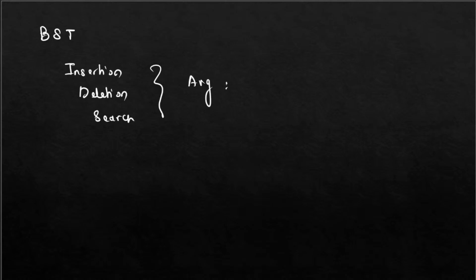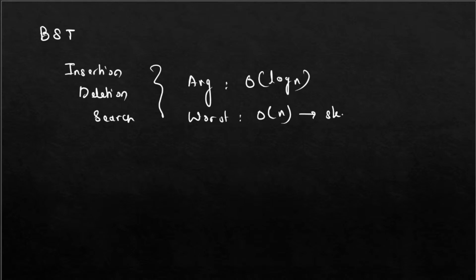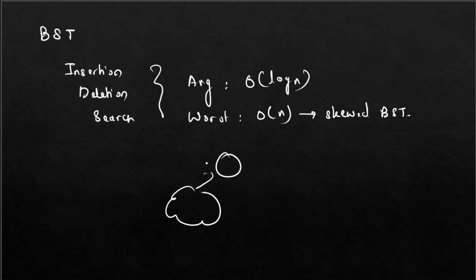Insertion, deletion and search all take average big O of log n, and the worst case is big O of n when a skewed BST is there. You all know BST: this is the root, everything here is smaller and here everything is greater than or equal to the root, like this. So this is BST.